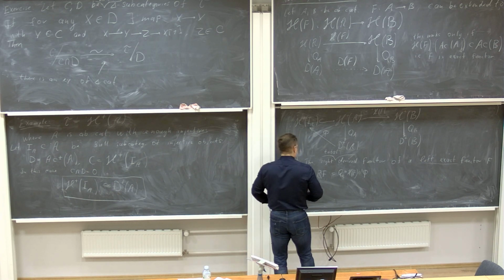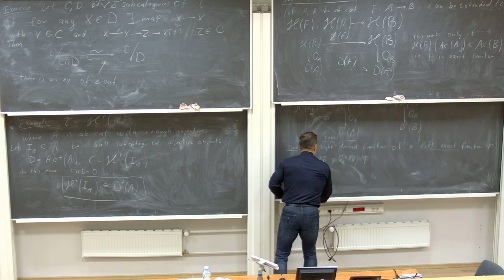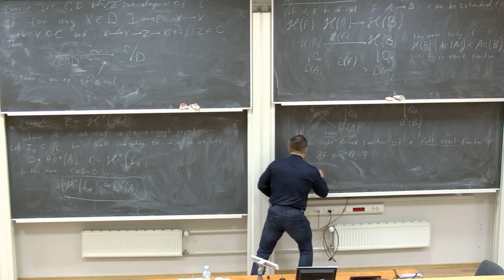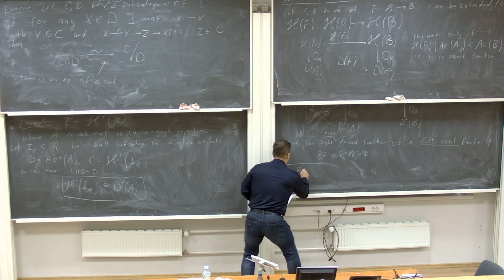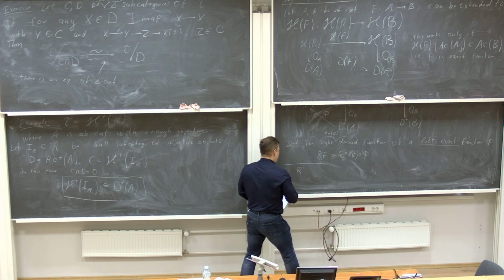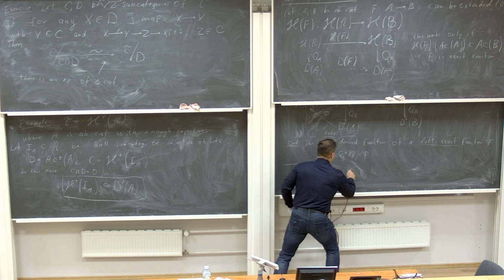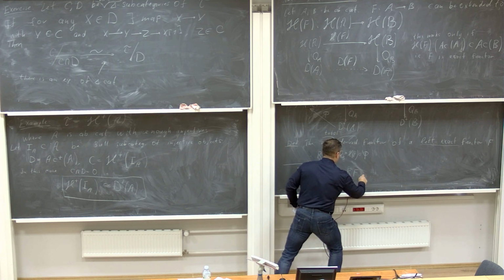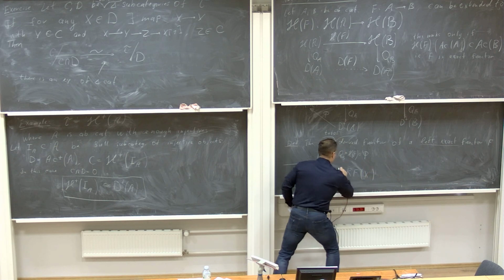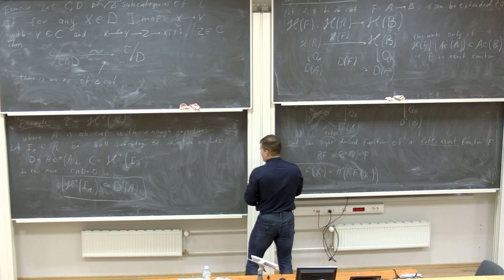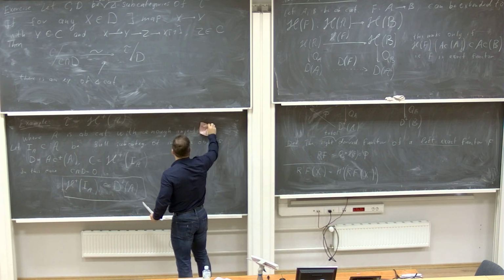This is the total right derived functor. Sometimes people also introduce the following notation for the cohomology. Ri f, by definition, if I want to compute this on the complex X, I need to apply the total derived functor and then take the cohomology Hi. In particular, we get some functors.